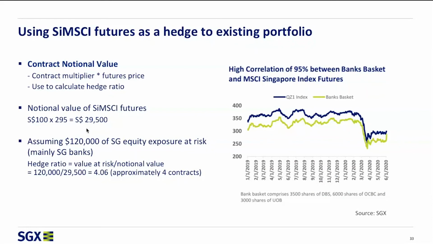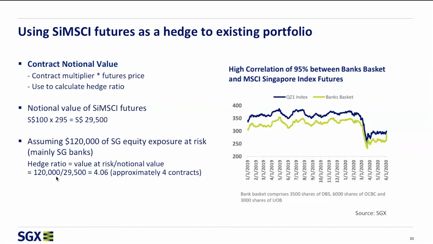Now assuming you have 120,000 of Singapore stocks exposed, mainly STI component stocks, mainly banks, and they have a high correlation with the STI index, the cash index. What you can do is use this particular ratio to calculate how many contracts you can open to hedge your existing stock portfolio.